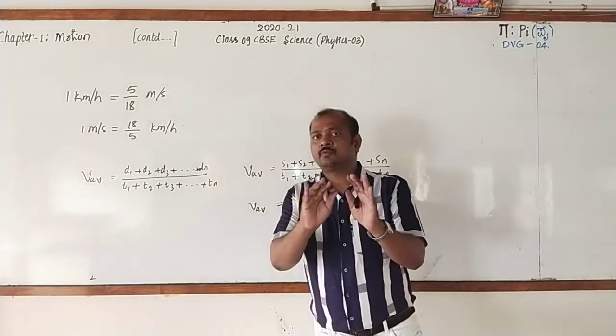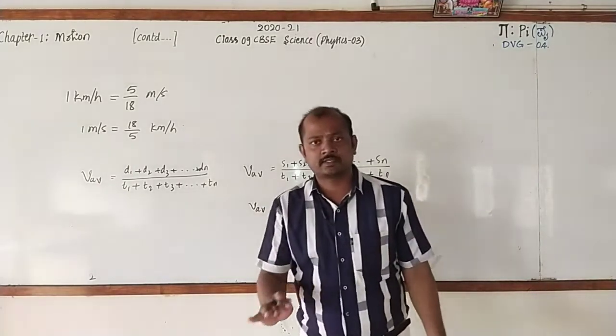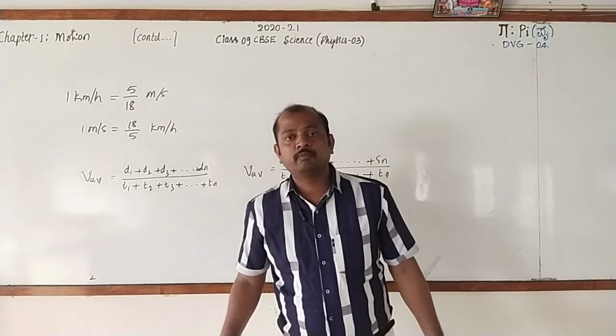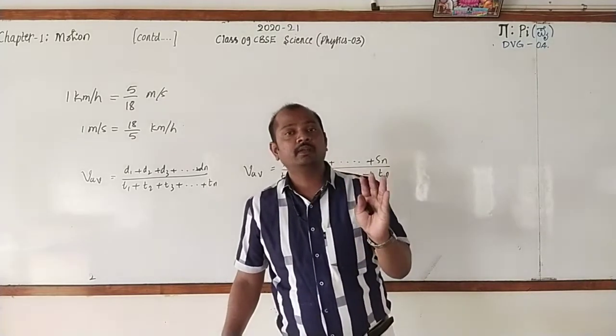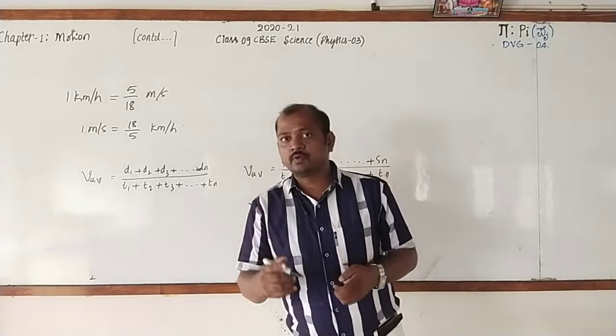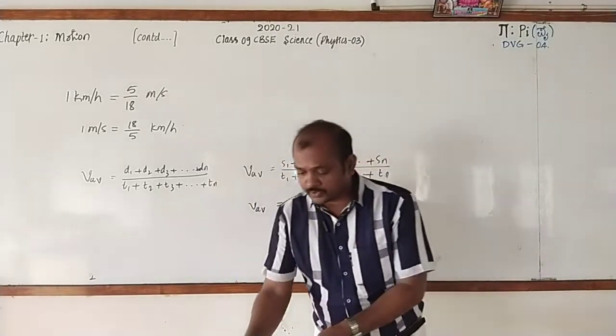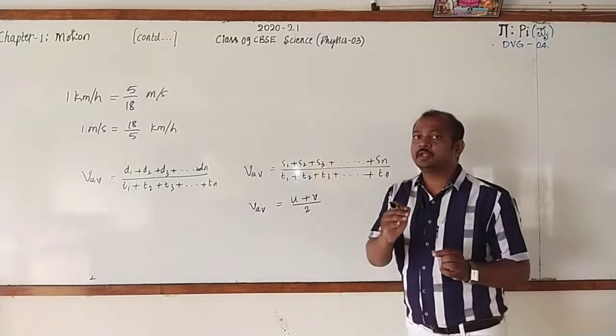Clear? These are very important points that we had discussed, and we were also solving problems on speed and velocity. Now let us continue that. I'll take the first problem from the textbook.